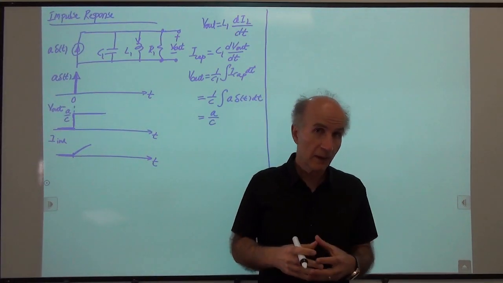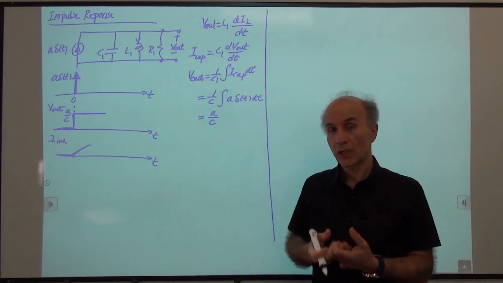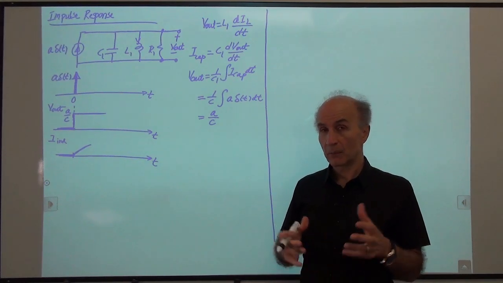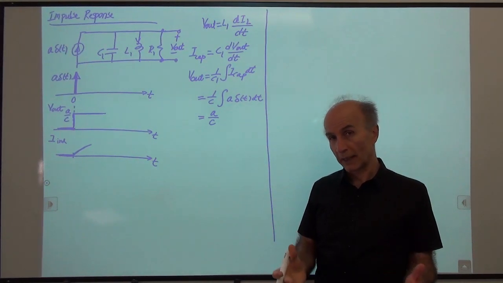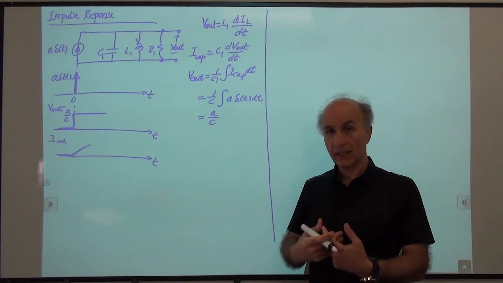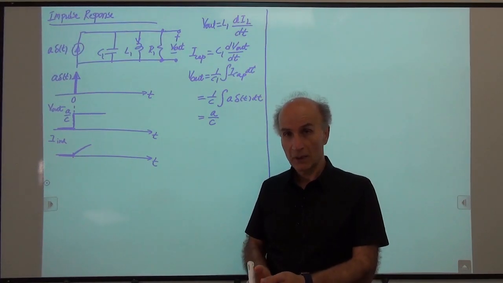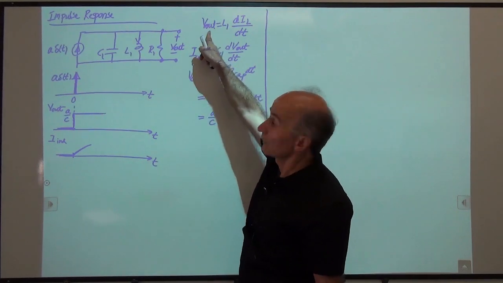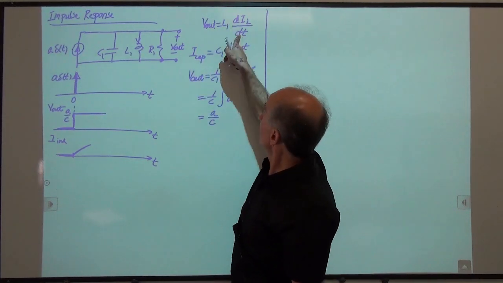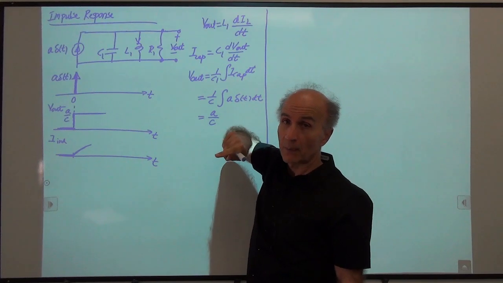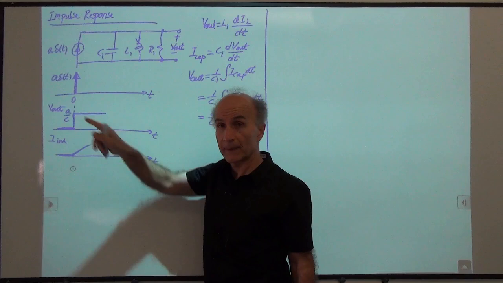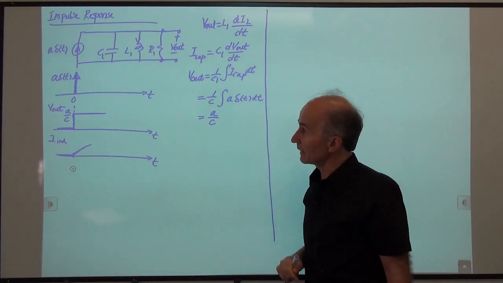If the current through the inductor wanted to jump, it would require an infinite voltage available. But we don't have an infinite voltage available. Why? Because the capacitor cannot deliver infinite voltage. For a capacitor to deliver infinite voltage, the derivative of the current has to be infinite. But the derivative of current cannot be infinite because the current itself is an impulse. Right? So in any case, that's what we get.